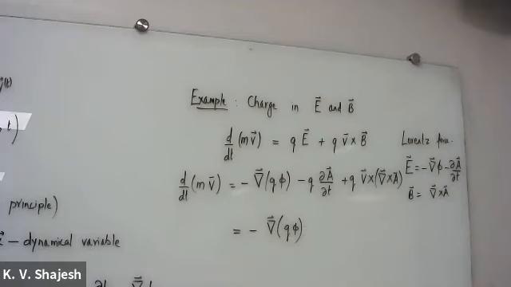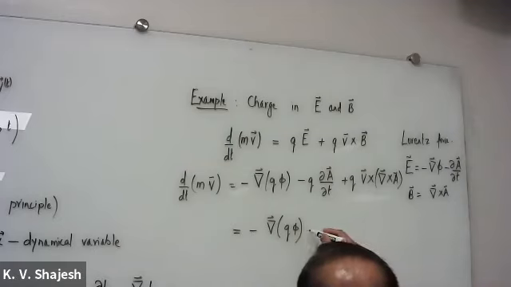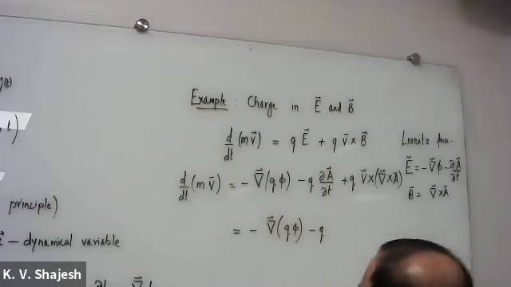Since we want to compare it with our Euler-Lagrange equation, first of all we want to write it in the form of that equation, so that we can identify what could be our Lagrangian. So I want to take this to the left-hand side. That's what I was doing last time.